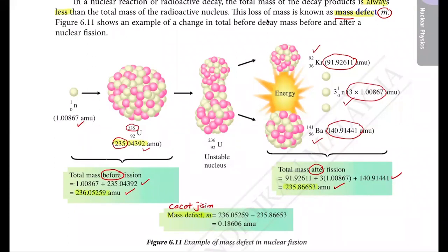So this is the value of the mass defect, obtained by subtracting the value after the fission from before the fission. And this value of the mass defect we will be using to calculate the nuclear energy produced, by using the formula of Einstein, E equals mc squared.